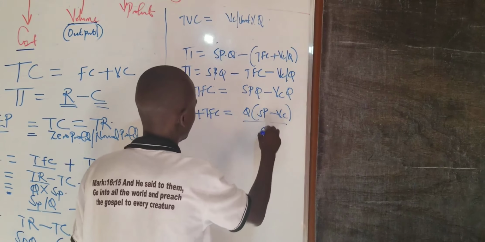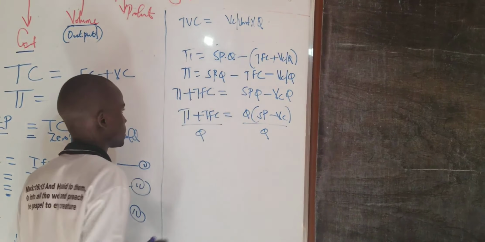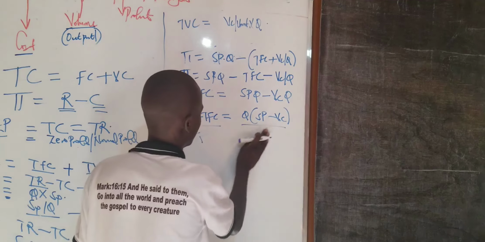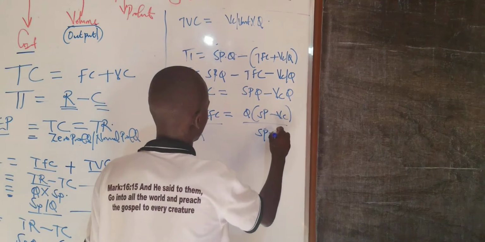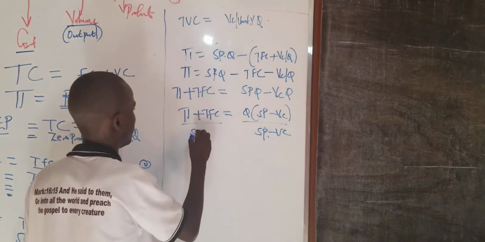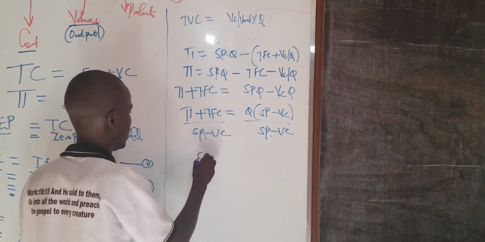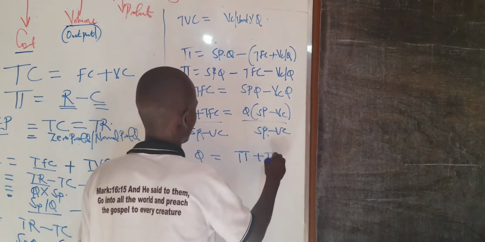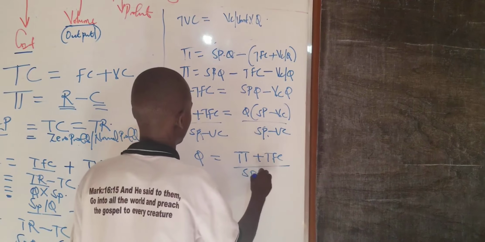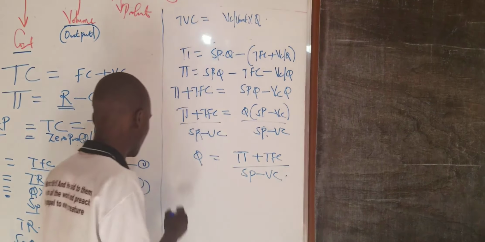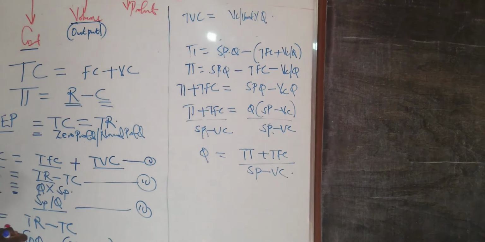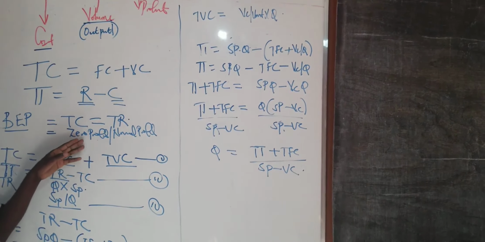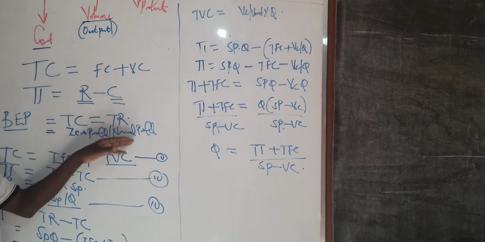So divide by SP minus variable cost on both sides. Remember, the quantity equals profit plus total fixed cost divided by selling price minus variable cost. But in my earlier explanation, I said at the BEP a firm is earning zero profits, or normal profit.